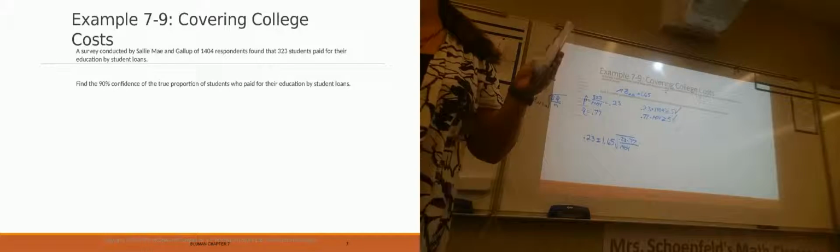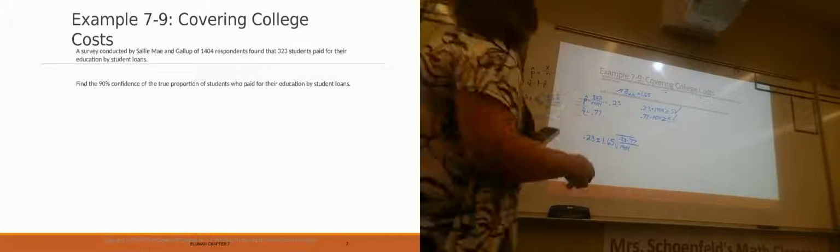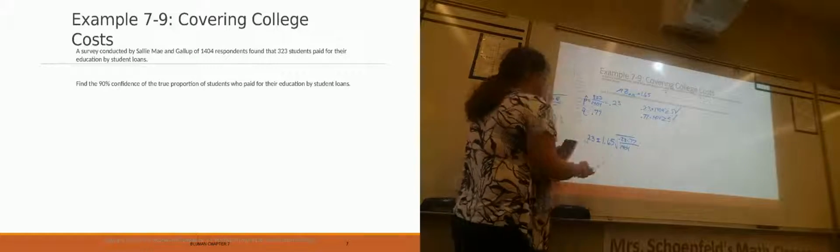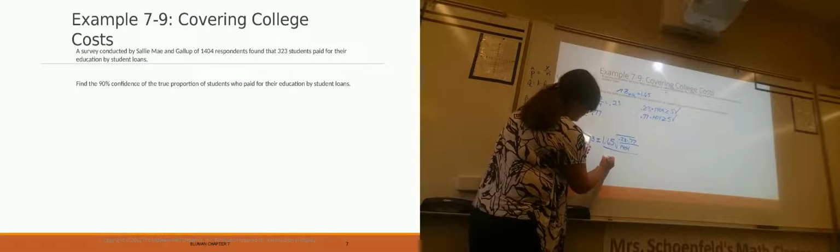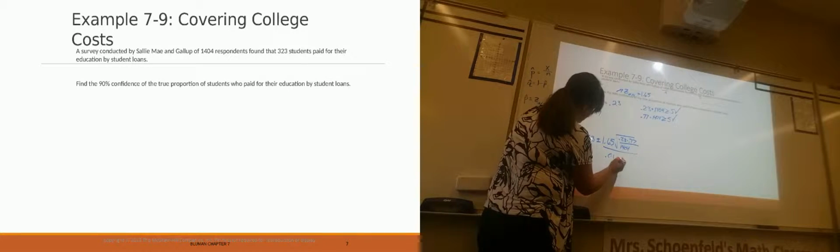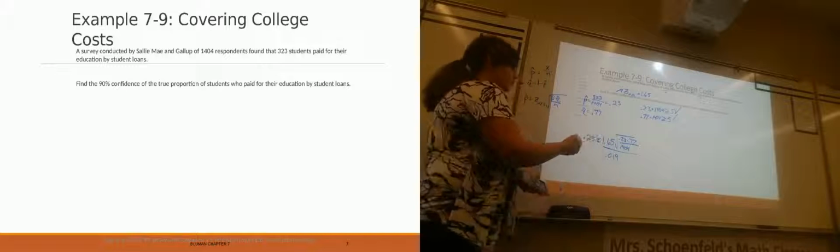These are going to be very tiny numbers because remember proportions are going to be between 0 and 1, so they need to be small decimals. So this whole piece right here was 0.019. It says to round to 3 decimal places, so that works good. So my thing will look like 0.23 minus 0.019.